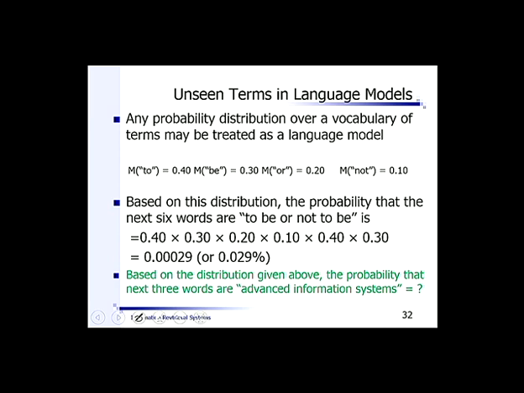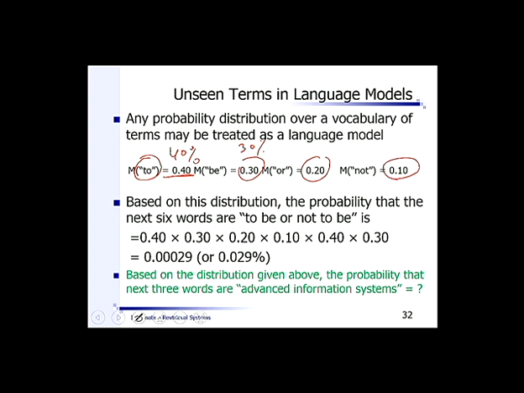For example, here we have made a language model that contains only 4 terms. The probability of "to" we have defined as 0.4 or 40%. The probability of "be" is 0.3 or 30%. The probability of "or" is 0.2 and the probability of "not" is 0.1.